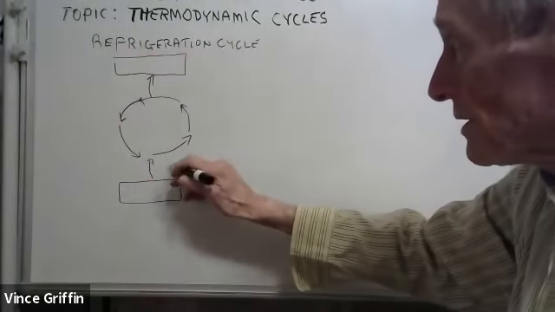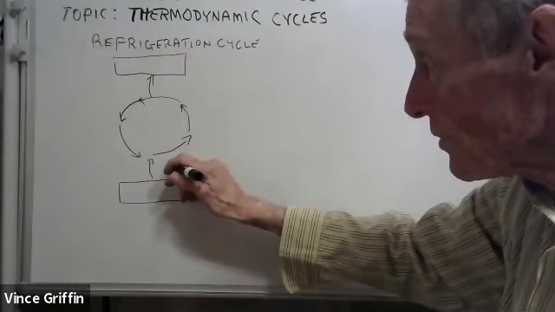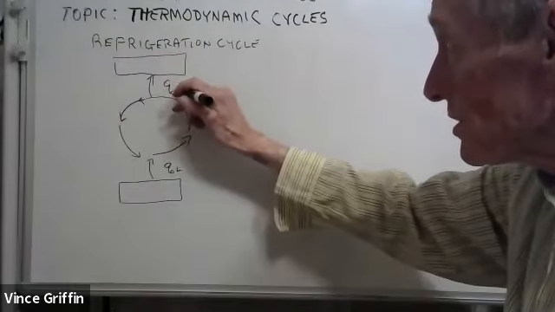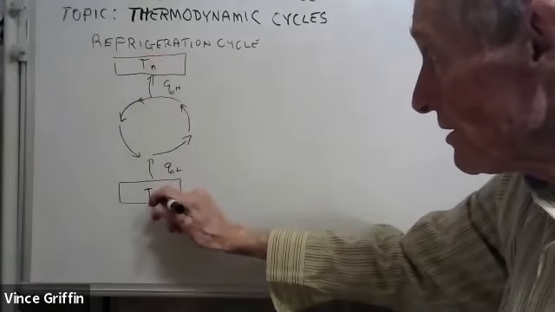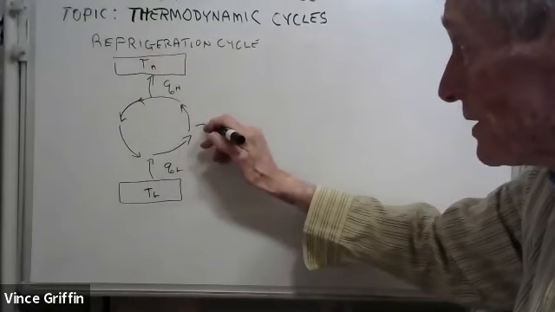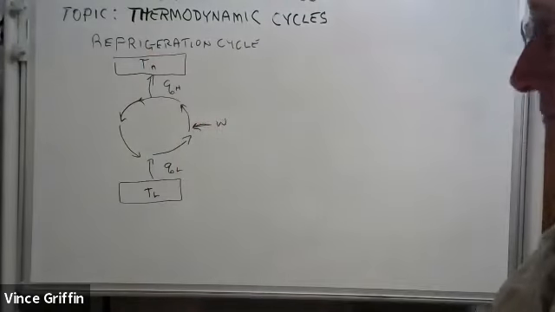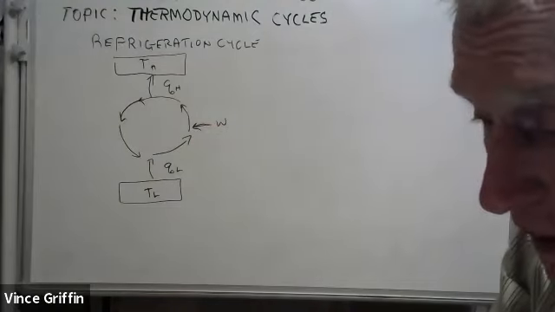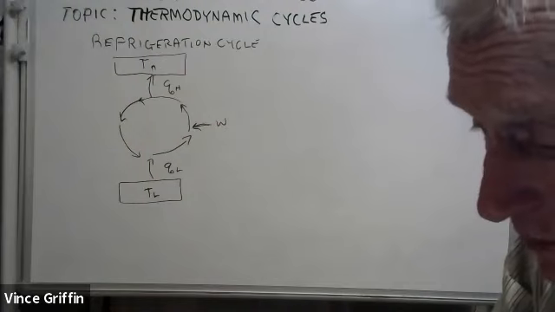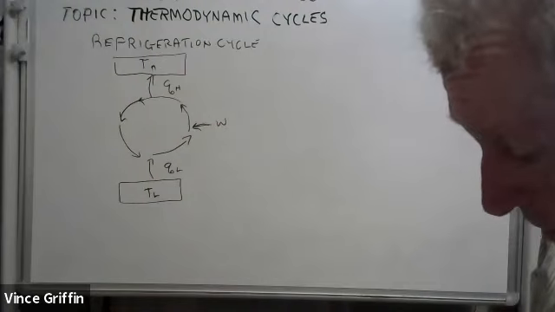So you can put in little letters if you want. QH, this would be TH, TL, and this would be, now watch it, it's going the other way, a little w. I don't know whether we're using per mass values or per time values, but we'll find us a problem and do it.